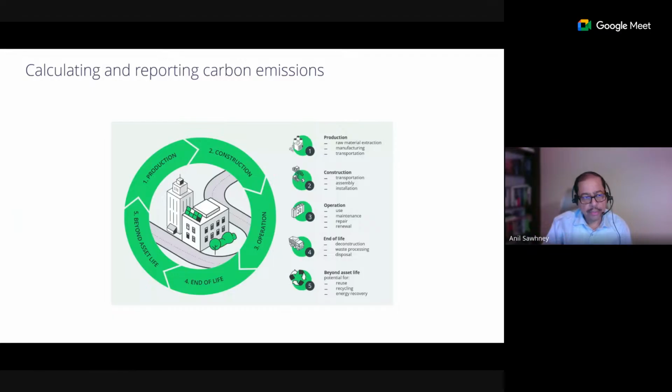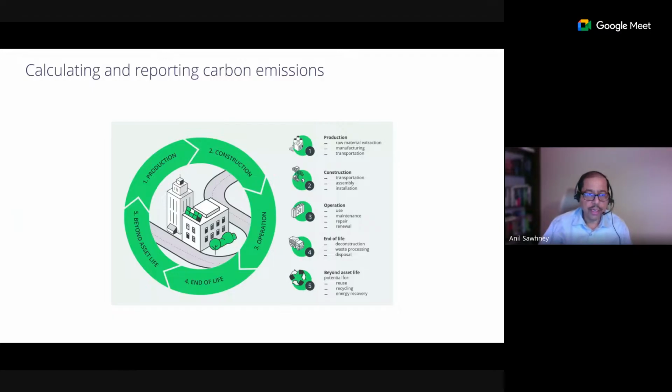We'll measure emissions across stage 2, which is construction, stage 3, which is operation, stage 4, which is end of life, and stage 5, which is beyond asset life cycle. So we will account for all these 5 steps for a building or a bridge or any infrastructure project.